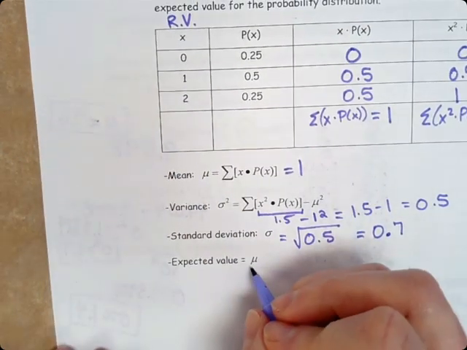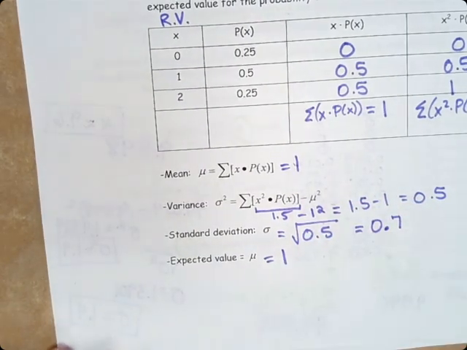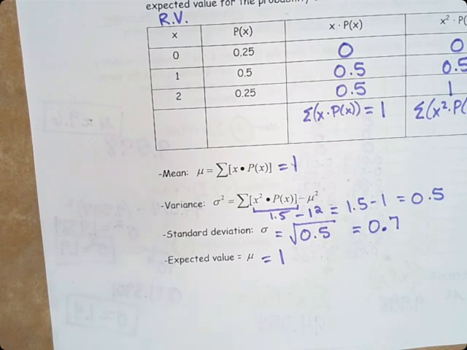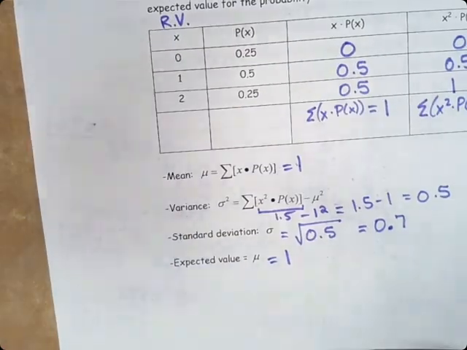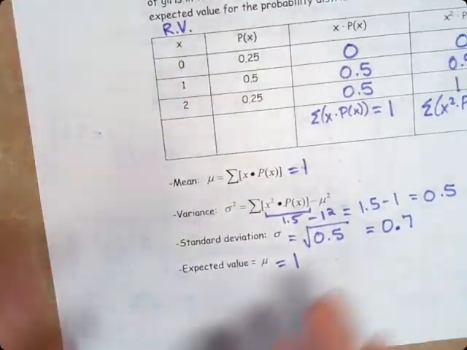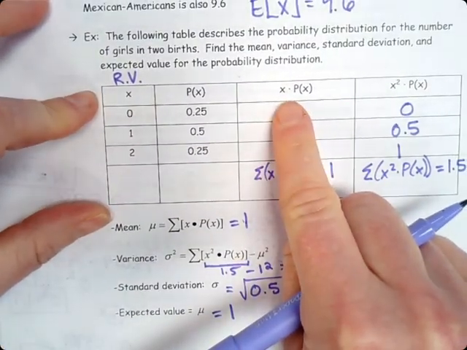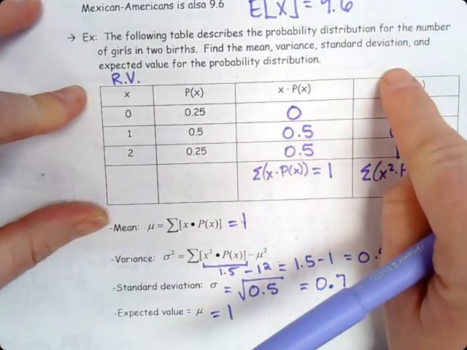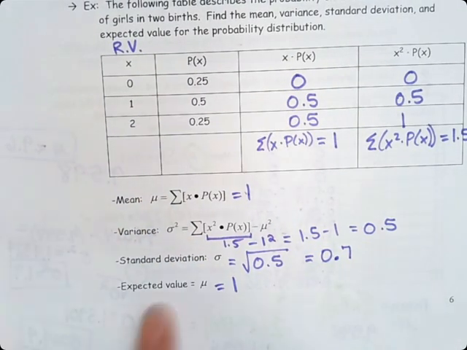And then your expected value is the same thing as your mean, which we just found, which was 1, because it is discrete. So something that's going to help you a lot is making these tables, doing the X times P of X in a table, and then X squared times P of X in a table. And then you can easily plug in the formula.